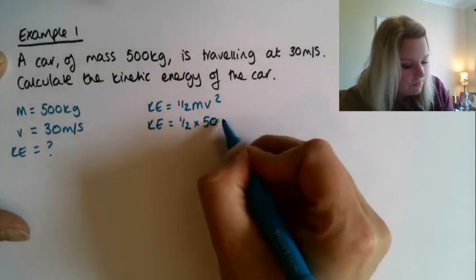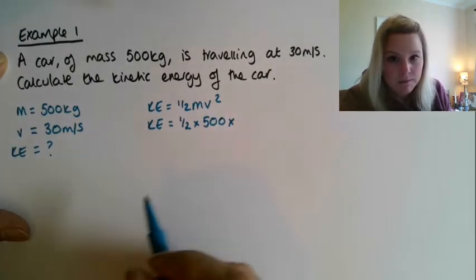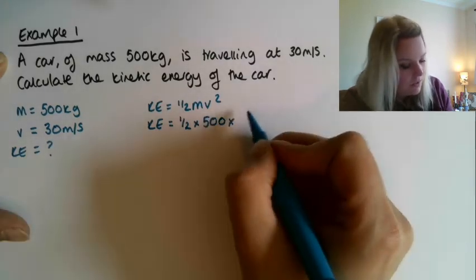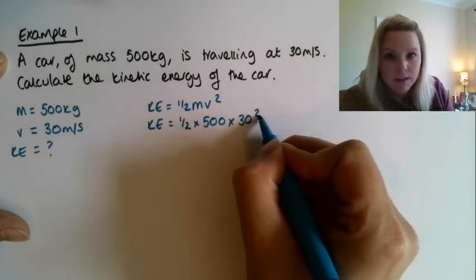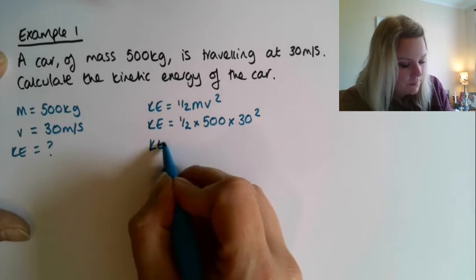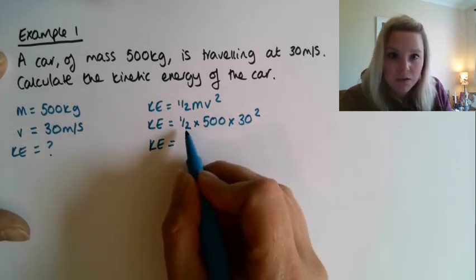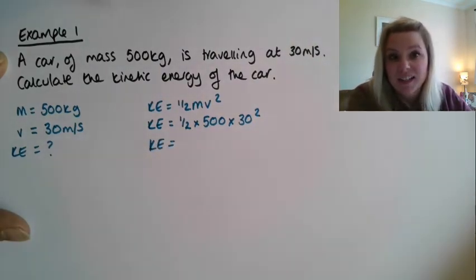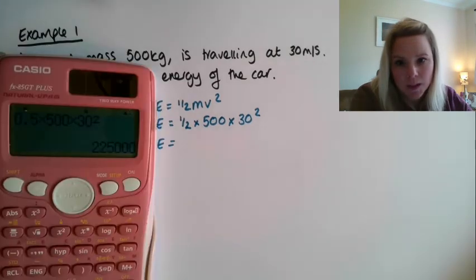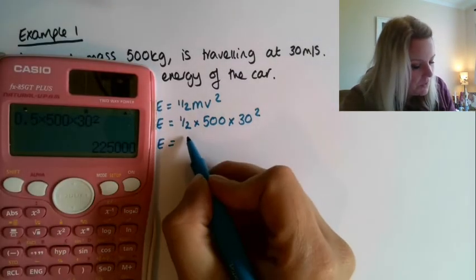So 500 multiplied by V, which we've said over here is 30, and that is being squared. Just type this into your calculator and check that you get the same answer that I get. Okay, so I got 225,000.